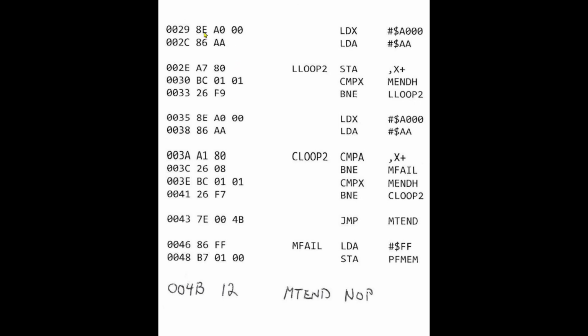So AE hex is load X. And here's A000, that's this, A000 right here. 86 is load A register with the value AA right here.